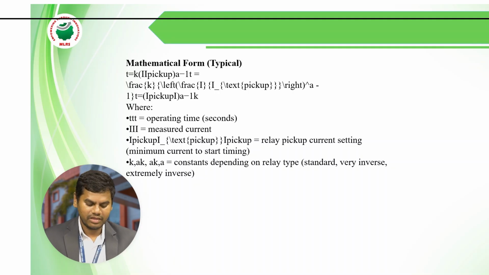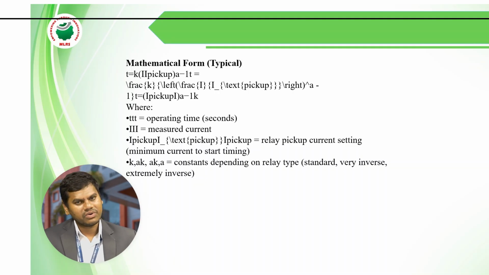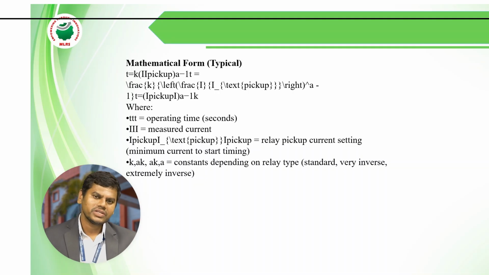These are the relay types for the constant a. So in the mathematical form, t is the operating time in seconds, I is the measured current, and a is a constant depending purely on relay type.